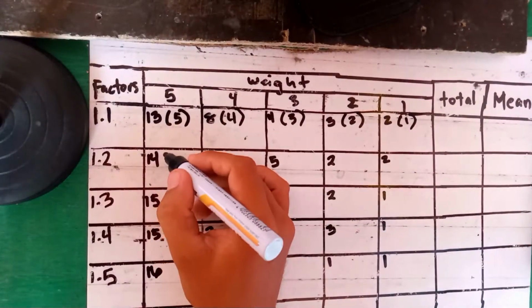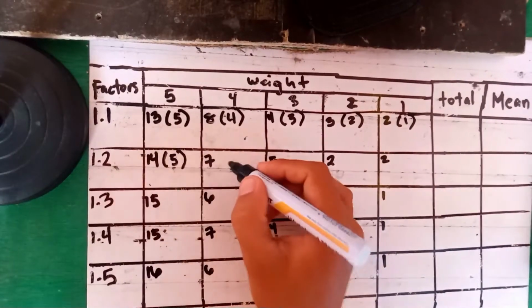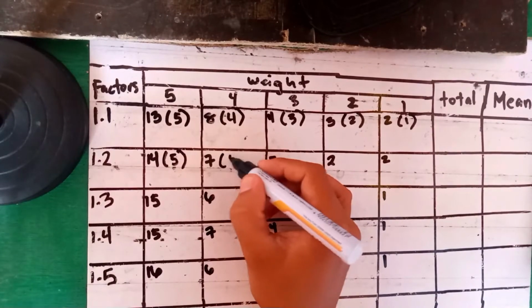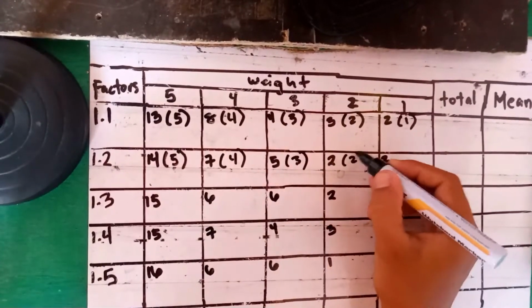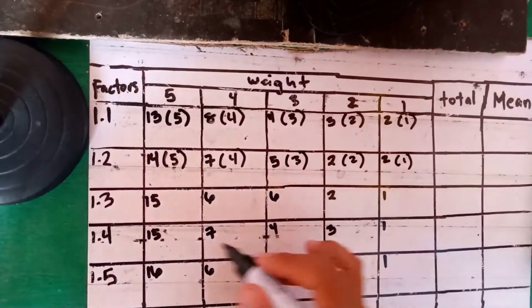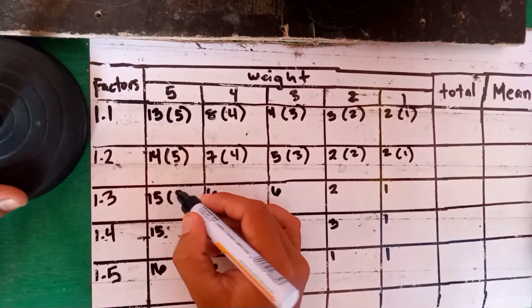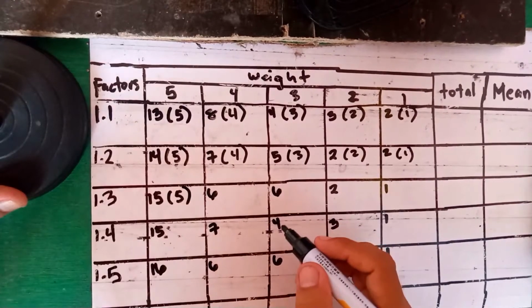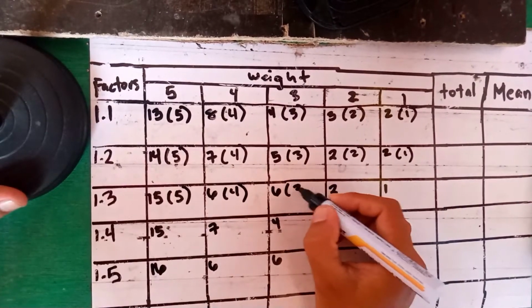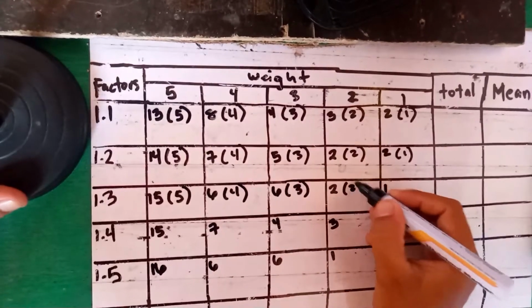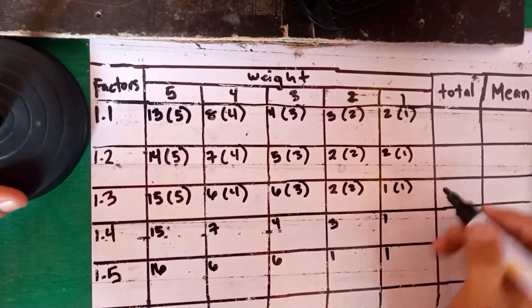The same process with 14 times 5, 7 times 4, 5 times 3, 2 times 2, and 2 times 1. Same process, 15 times 5, 6 times 4, 6 times 3, 2 times 2, and 1 times 1.